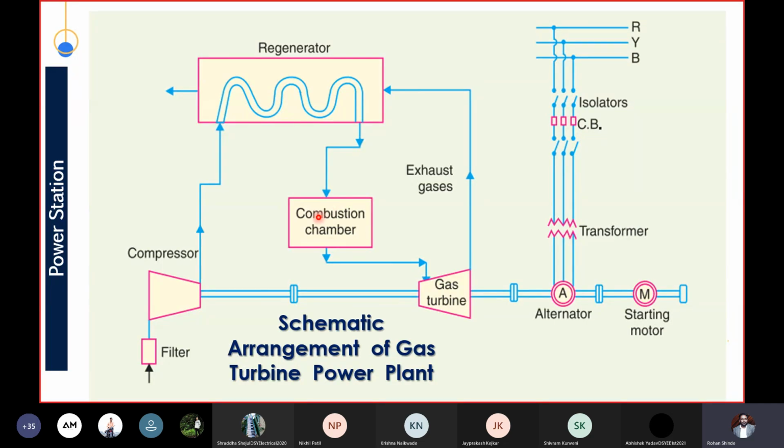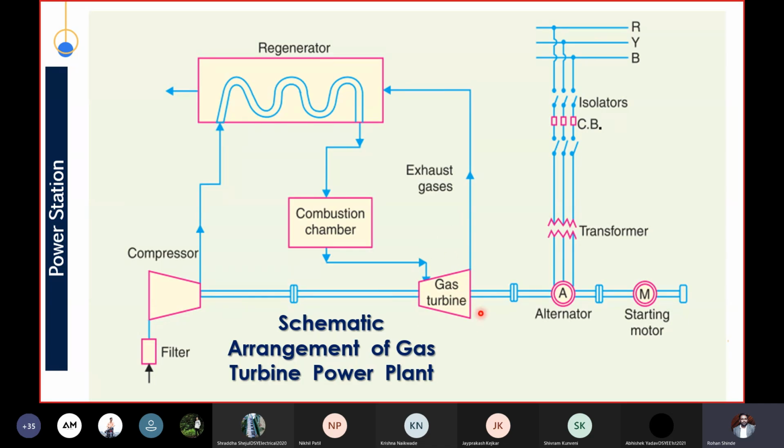Now I have told you that in this combustion chamber some fuel will be burned so that heat will be produced. Due to this heat, this air will be heated, so this heated as well as high pressure air will be moved towards the gas turbine. Now the high pressure as well as the heat of this air will be utilized by this turbine.